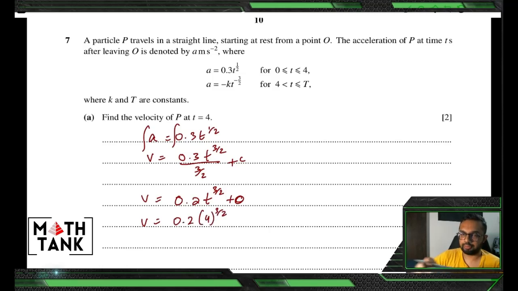So I get 0.2 into 4 power 1.5. That gives me V equals 1.6. Let me just verify if that's the correct answer. Yes, that is the correct answer.